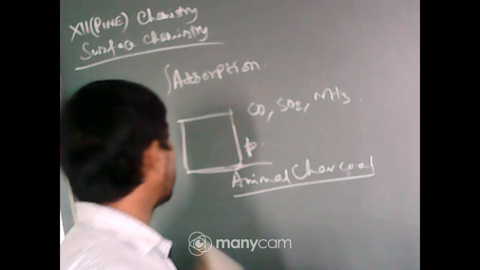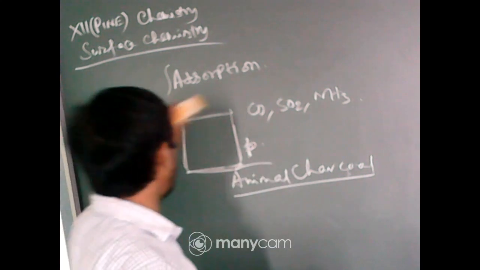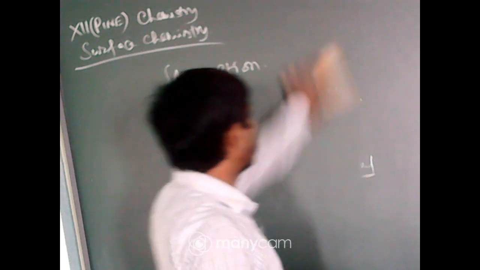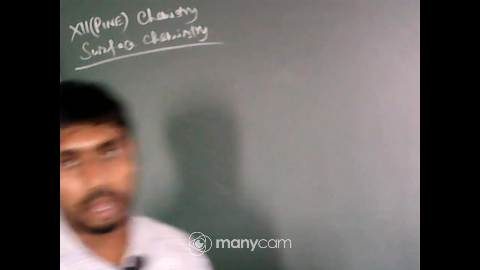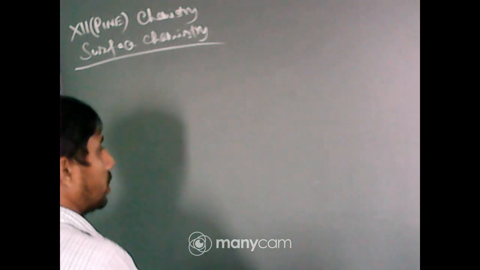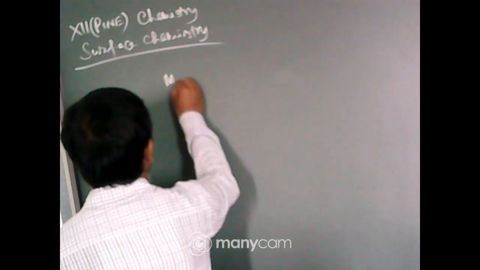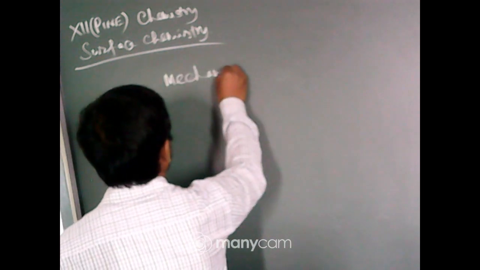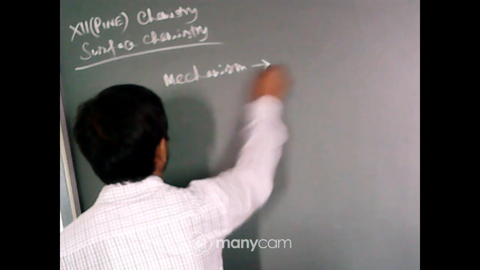Okay. Now, there were some real examples of how animal charcoal or some substances can work as an adsorbent. Next is the mechanism of adsorption.